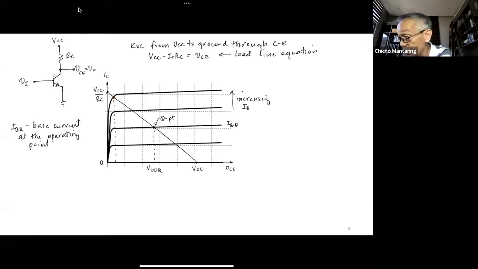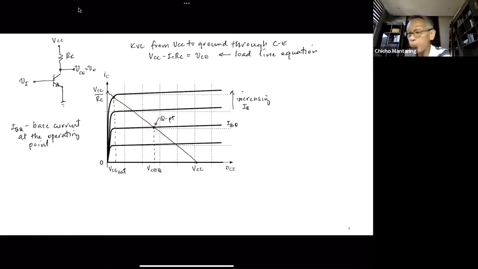So this is going to be VCE sat. And then the decreasing value of V sub I will cause your base current to decrease, and make your operating point go toward cutoff. So as V sub I changes, we are going up and down, up and down.